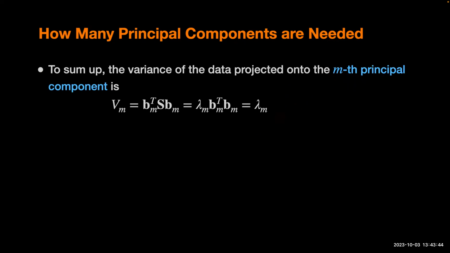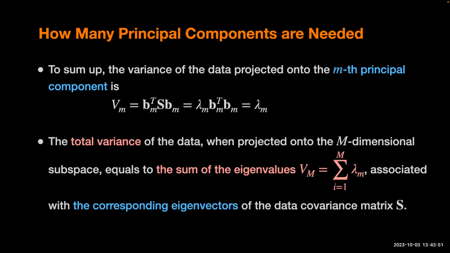And because all the eigenvectors are orthogonal, because S is symmetric, you can just sum up the variances from all the directions. So if I want to ask how much variance I have captured up to the mth dimension, it is just summing all the variances from 1 to m. That gives me the variance that I have kept by stopping at m.